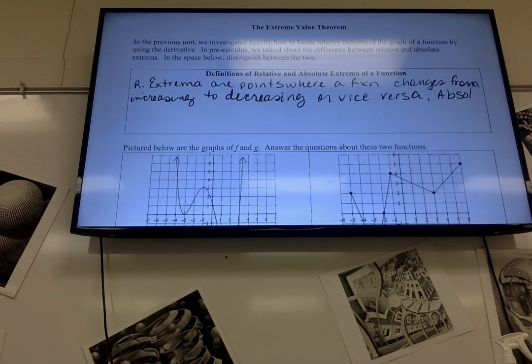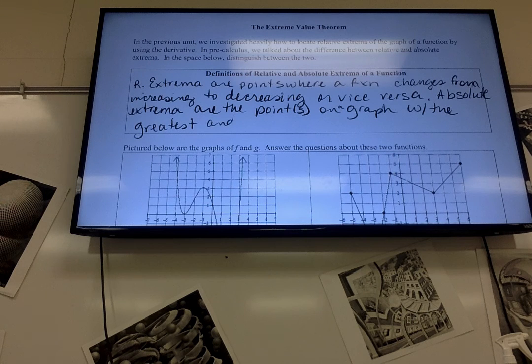Absolute extrema are the points, or point, on a graph with the greatest or least, depending on if you're talking about mins or maxes, y values.